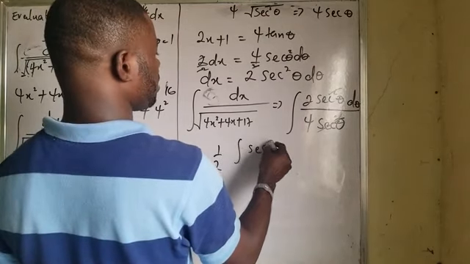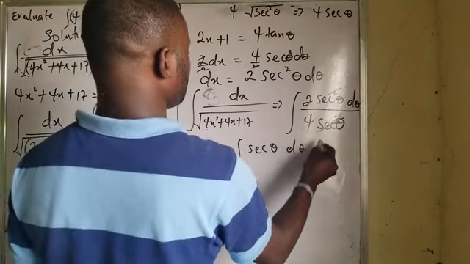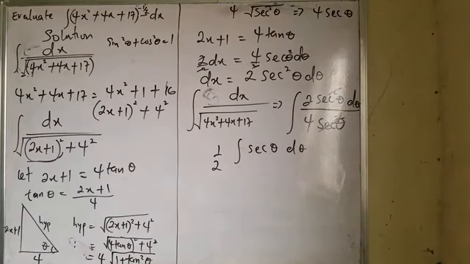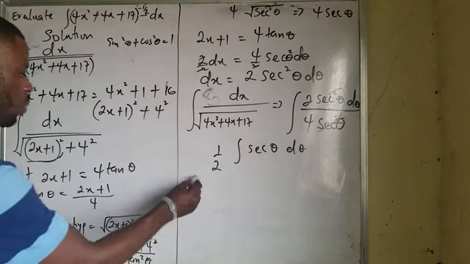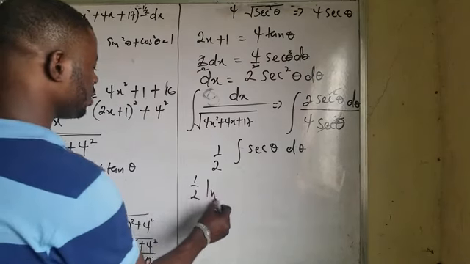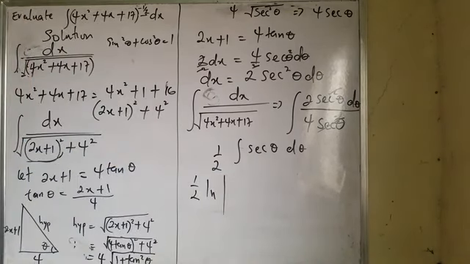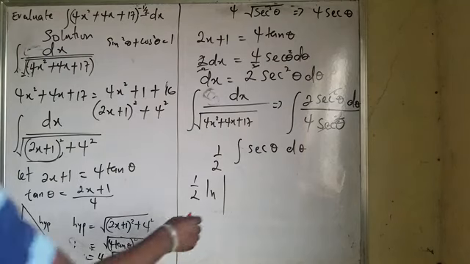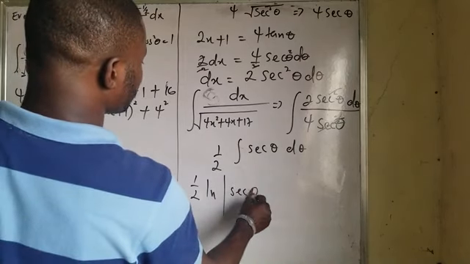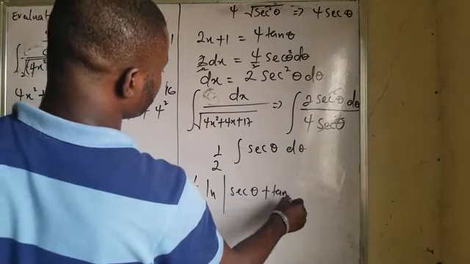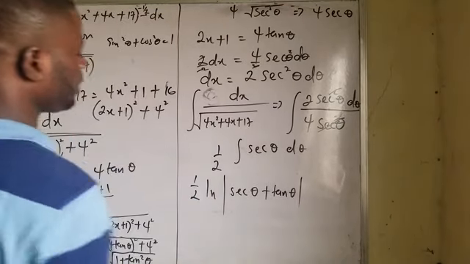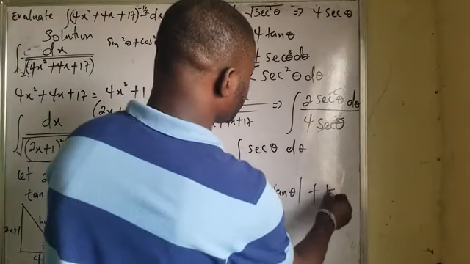sec theta d theta. If I integrate sec theta, it will give me 1 over 2 ln of the absolute value of sec theta plus tan theta, plus k.